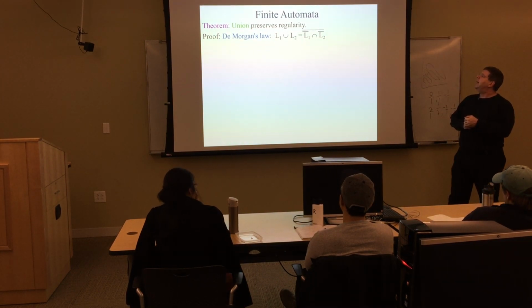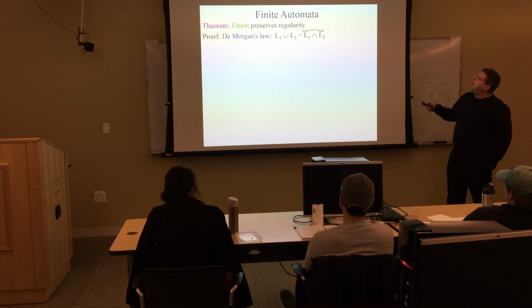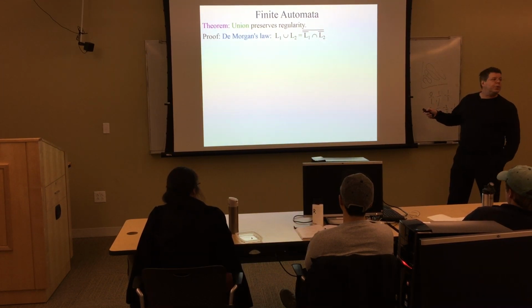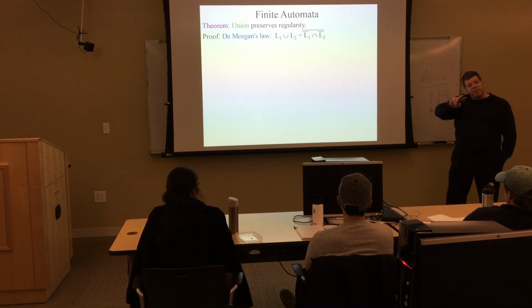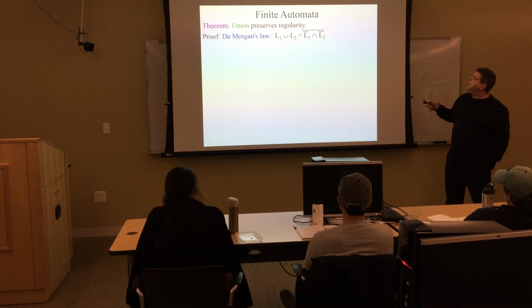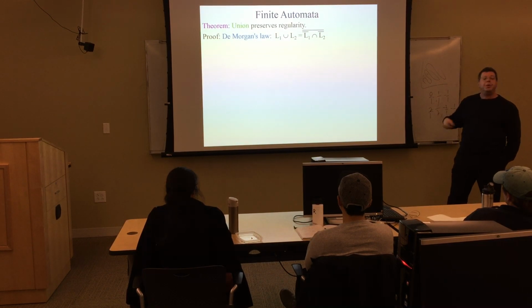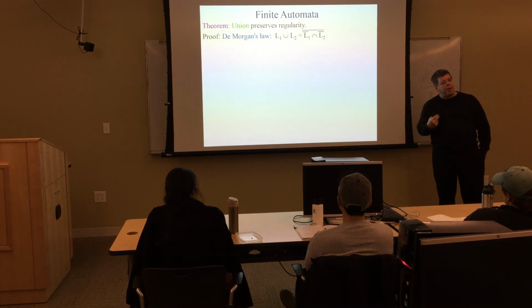So once you believe De Morgan's law, if L1 and L2 are regular, then the complements of L1 and L2 are regular because of flipping final and non-final states. We already know that complementation preserves regularity. So the complements of L1 and L2 are regular. If you intersect those two complements, which are regular, intersection preserves regularity, by the cross-product construction from the previous slide.